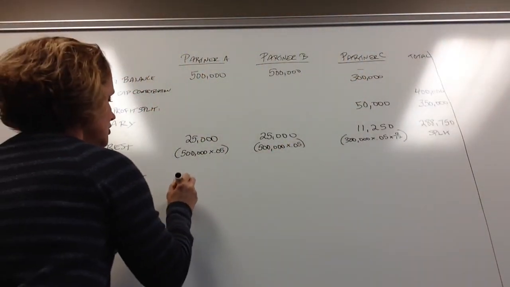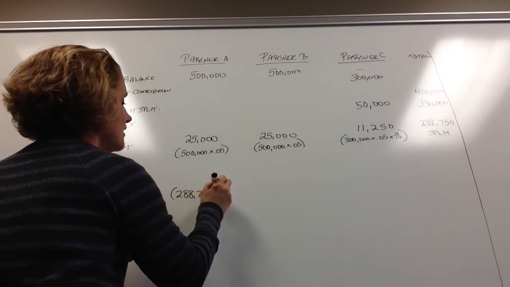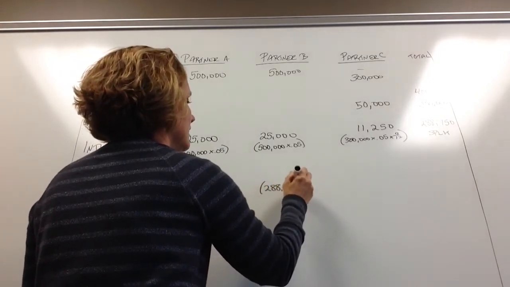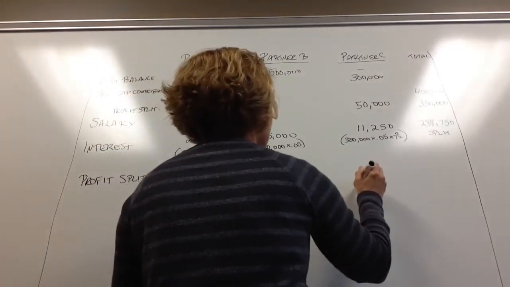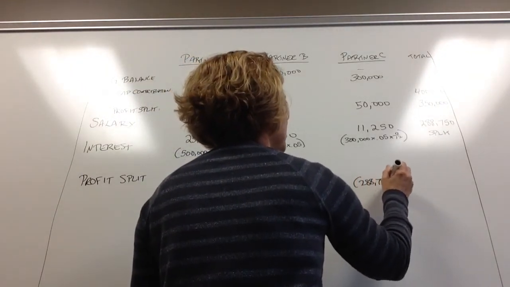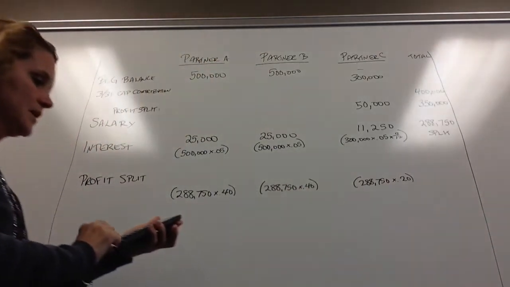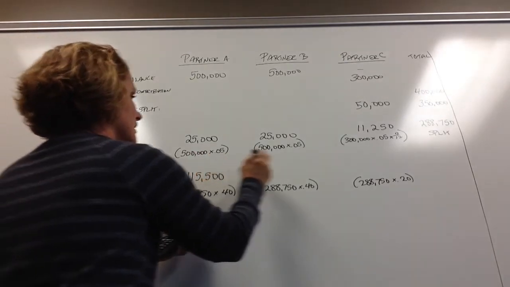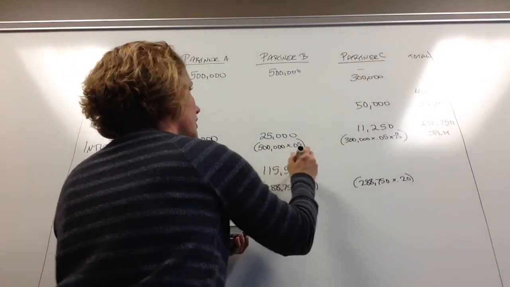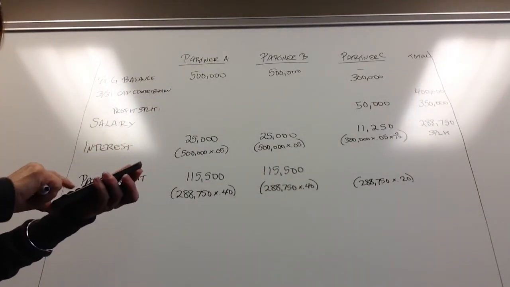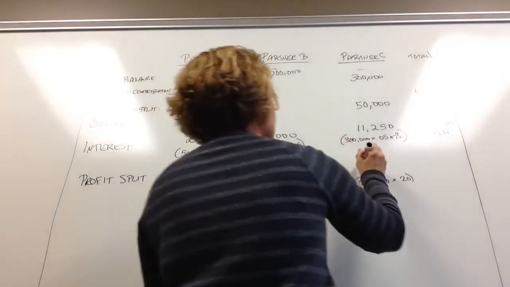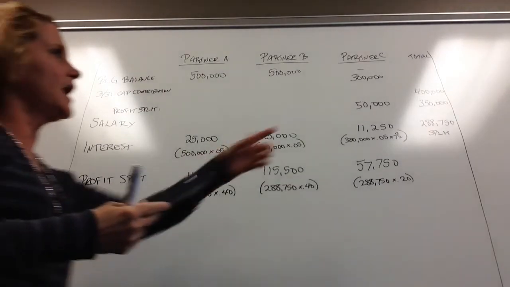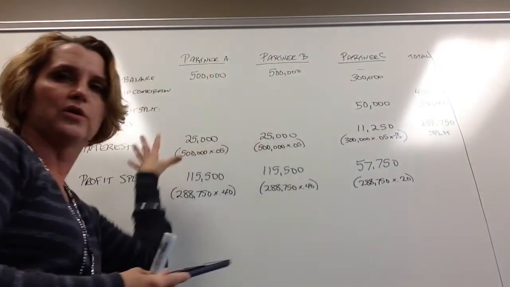So the $288,750 times 40% for partner A, same thing to partner B, and then the remaining 20% to partner C. So that gives us $115,500 for both of those two partners, and then the remainder, $57,750, to partner C. So then we've effectively allocated out that $400,000 according to the agreement.